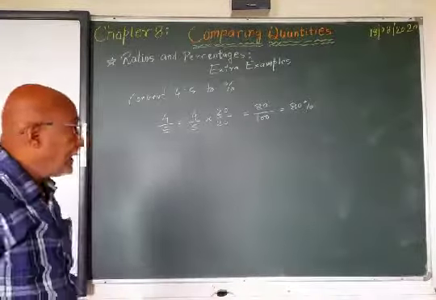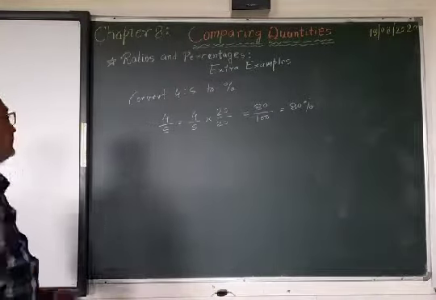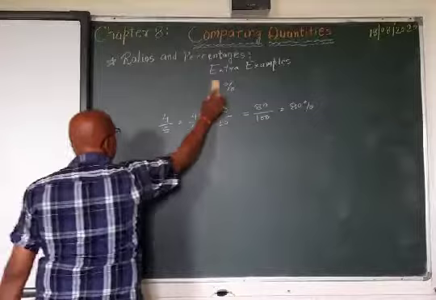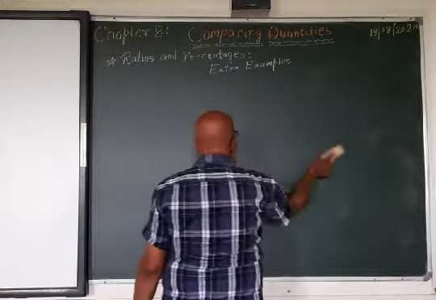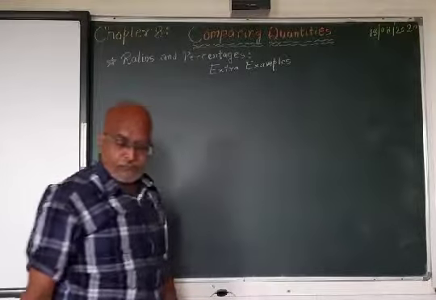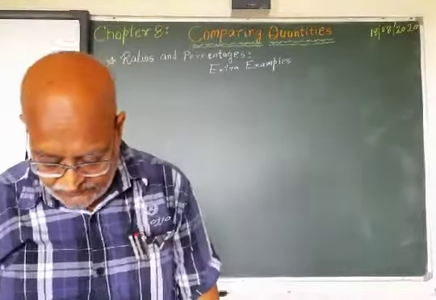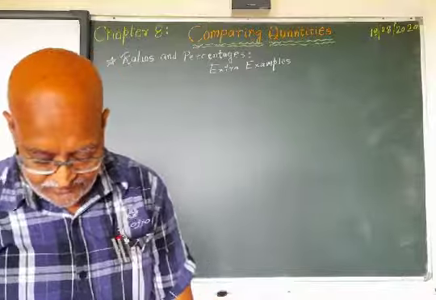Now, one interesting example is which one is largest. There are 3 different quantities given in 3 different ways. First is percentage, second is ratio, and third is decimal.